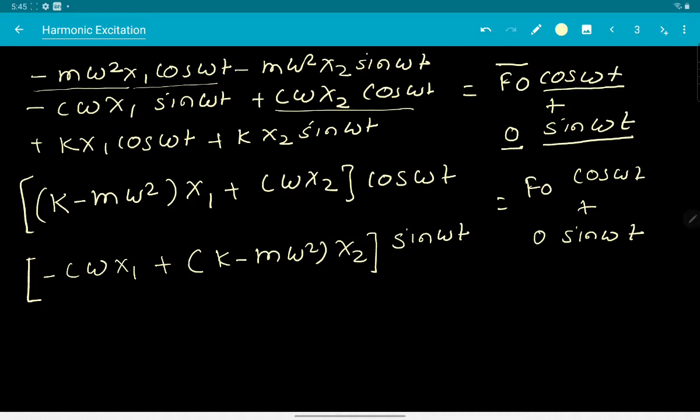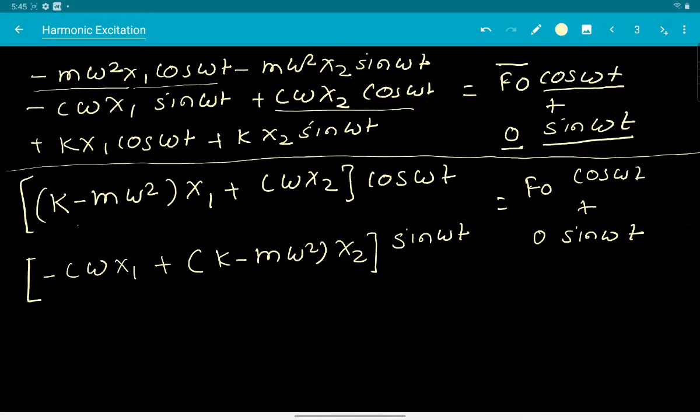At this step, we are going to consider the amplitude of the cosine function on this side and the amplitude of the cosine function on that side, and equate these two amplitudes. Similarly, we are going to equate the amplitudes of the sine function on this side and on that side. If we equate the amplitudes of cosines and sines, we get two equations.